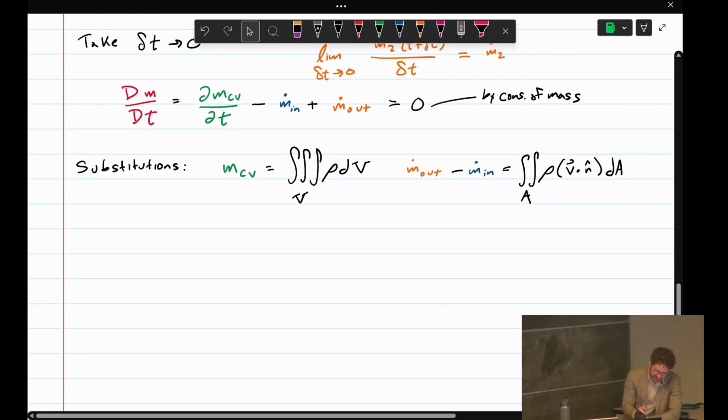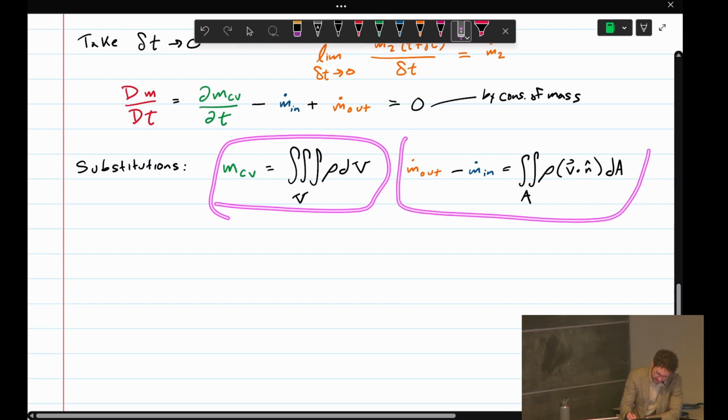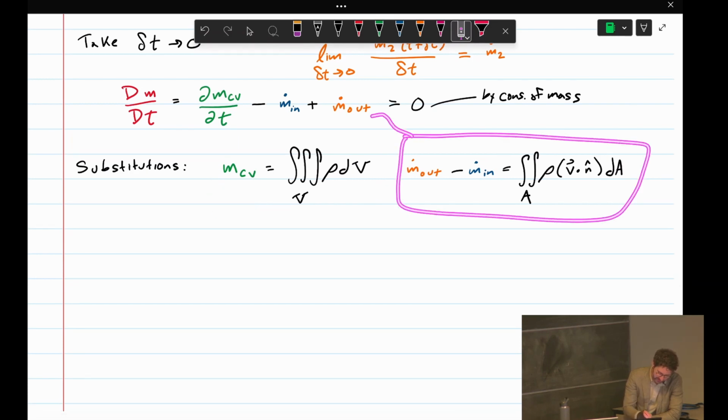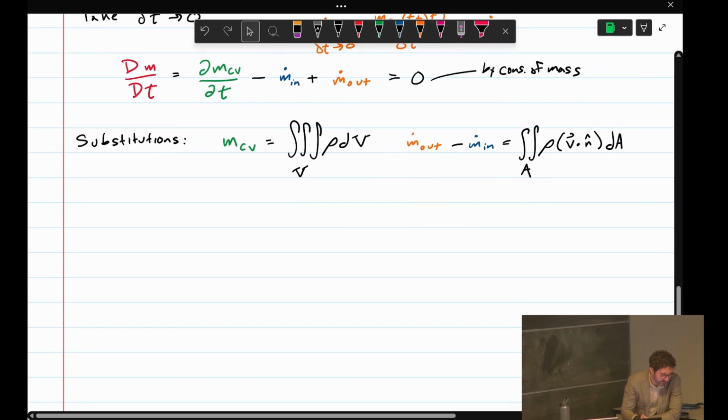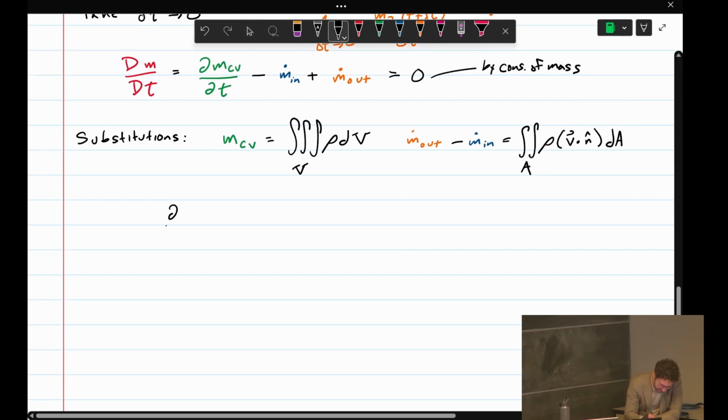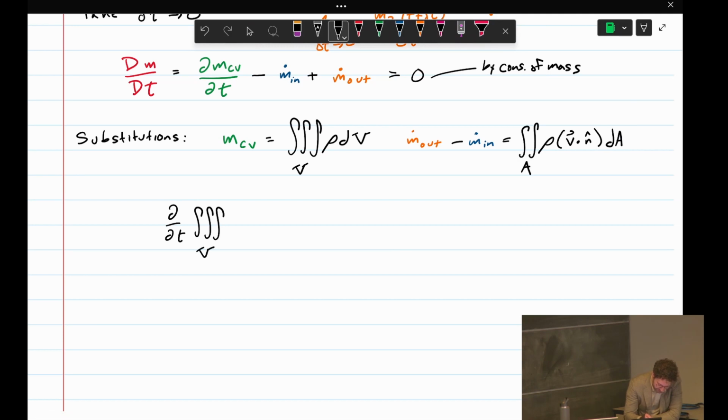Okay, so let's substitute. We're going to substitute these two things into our very intuitive equation here. And we're going to get partial by partial t of that volume integral plus this area integral is equal to 0.